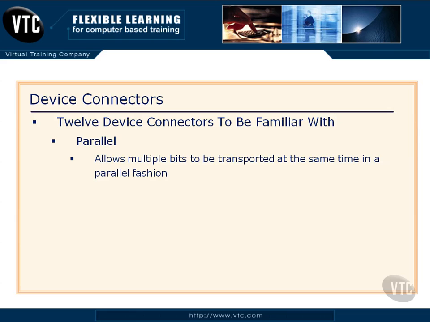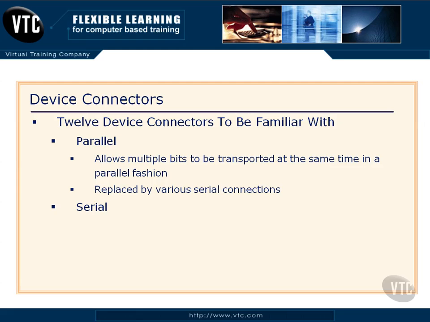Okay, that would be 16 bits. One bit in each lane, and all 16 lanes can move forward at the same speed. Now that was an issue. Things had to be clocked, moving at the same speed. They had to be assembled on one end, pushed through the cable, and then disassembled properly on the other end, or your data would lose its meaning. So parallel was the standard for a long time, but it got replaced by serial connections.